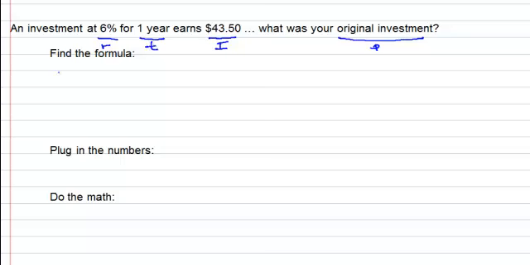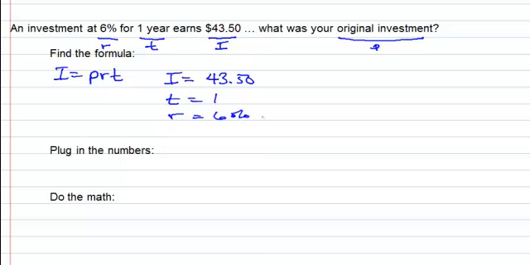So the formula we know is I equals PRT. Interest we know is $43.50. Time is 1 year. Rate is 6%, and we want to translate that immediately to 0.06. Principal is what we're looking for. So that's our big question mark.